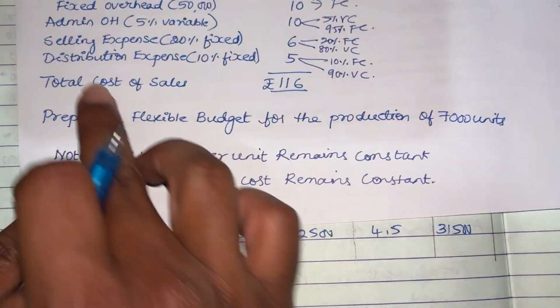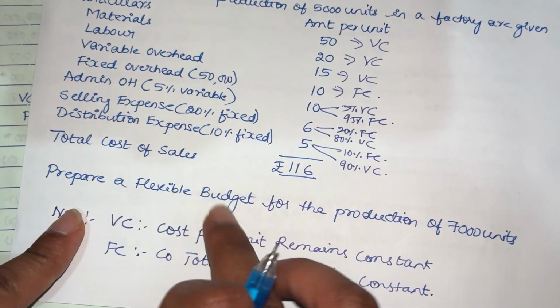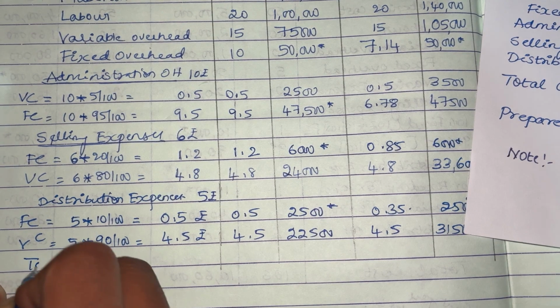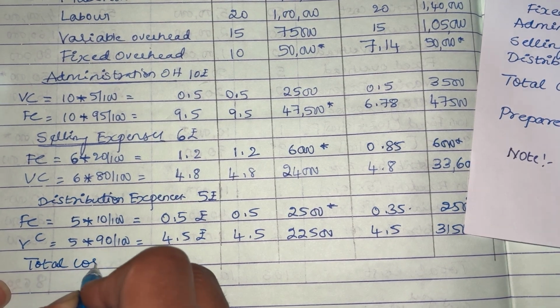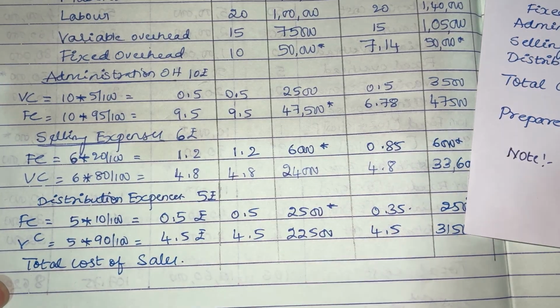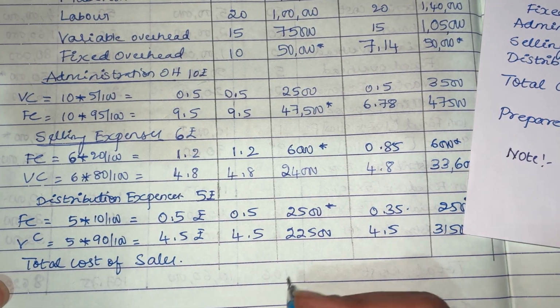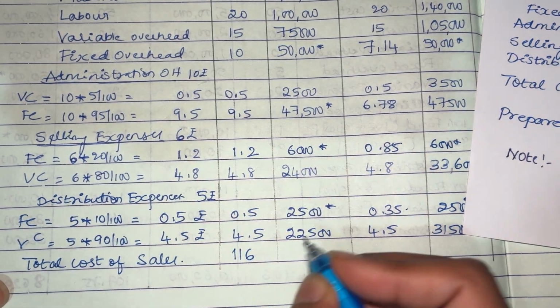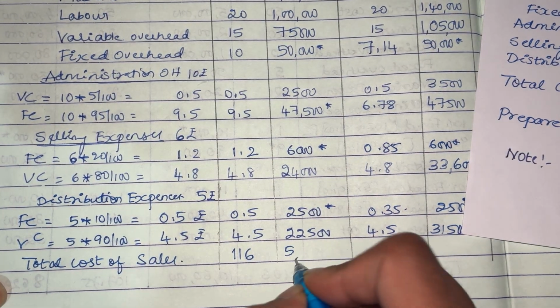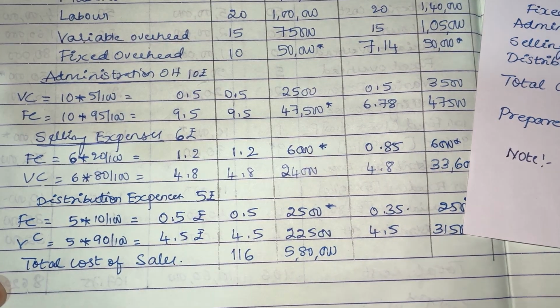Now with this we have completed the entire problem. Now we will try to identify the total cost of sales. Total cost of sales, when totaled together, will come up to 116. So 116 into 5,000 units will be 5,80,000.